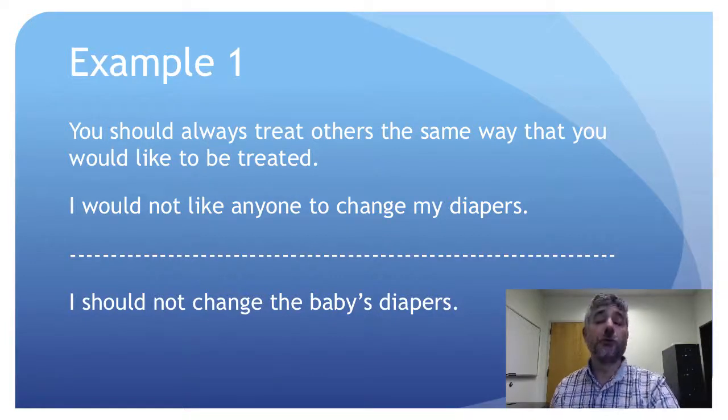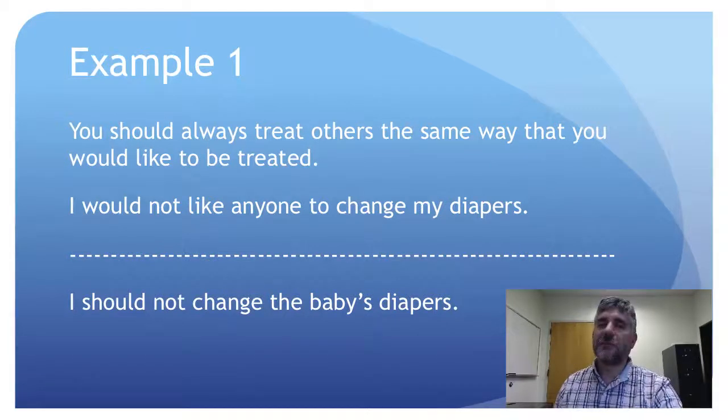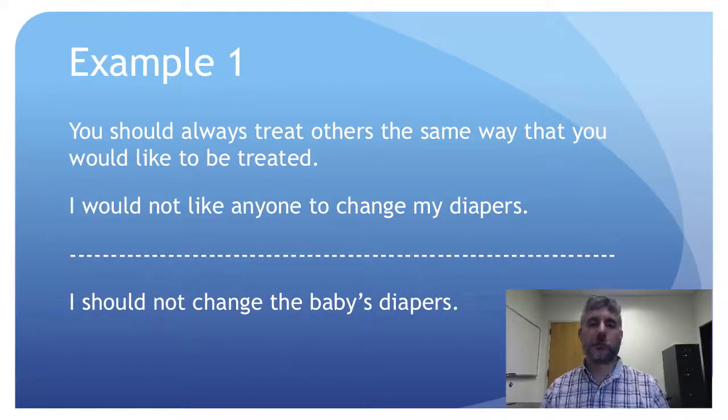You should usually treat others the same way that you'd like to be treated yourself. But that doesn't mean you should always treat others the way that you'd like to be treated yourself. That general claim about how you should always behave is false, and our counterexample shows it. So there's an example of the use of a counterexample to refute an argument.